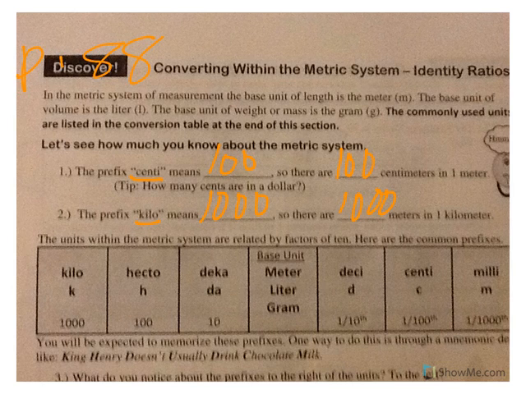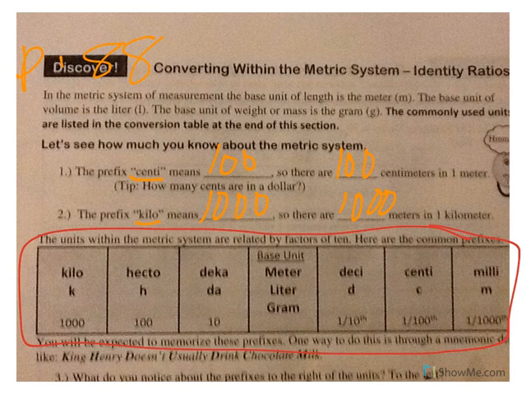Now, if you look on page 93, go ahead and do that right now. There are some conversions for the metric unit in the middle, but we also have this beautiful table here. And yes, you will have this for the test. I put it on my people's test anyway, because you can use this to also convert within the metric system. The metric system is based off of powers of 10, and you can see that here at the bottom.